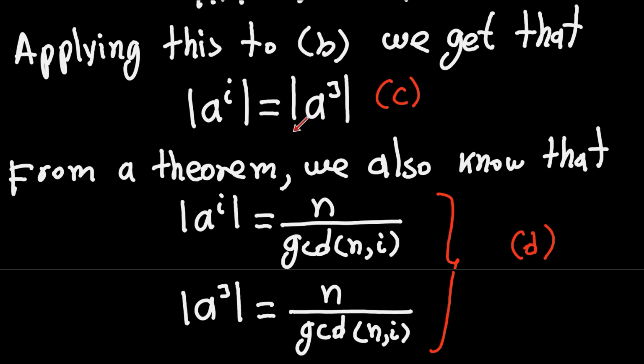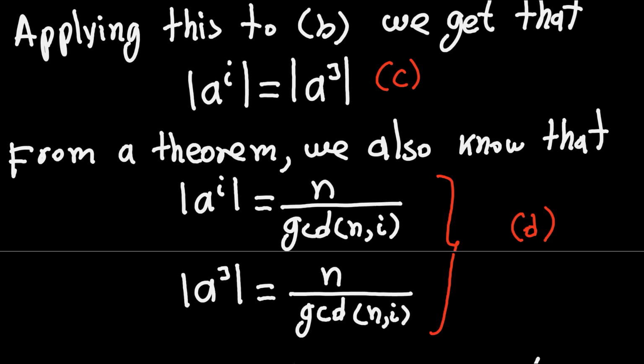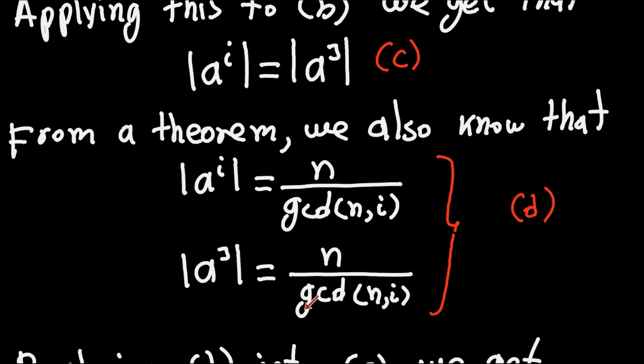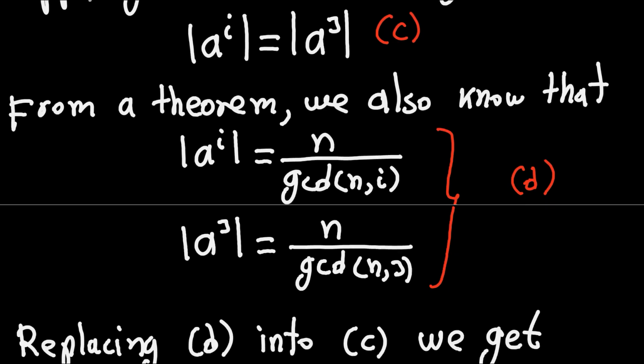Apply the same theorem to a to the j. So the order of a to the j is n, which is the order of a, divided by the greatest common divisor between n, the order of a, and the exponent that is here, j. So there's a j here. All right. So that's part D.